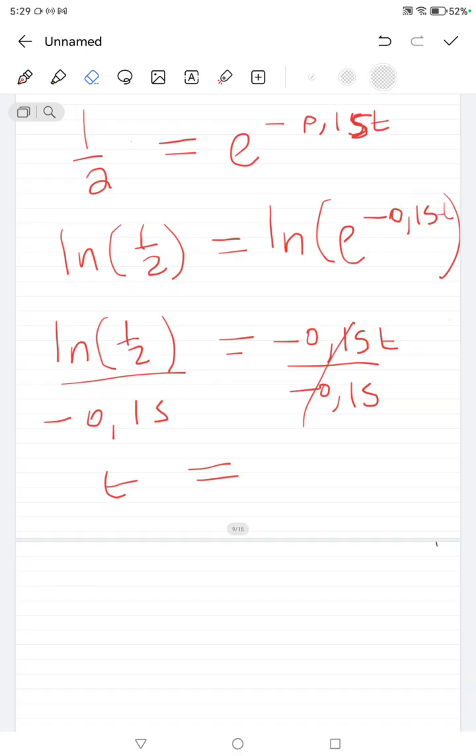It's an error. It doesn't show that. Is it? You said ln of 0.5 divided by minus 0.15.